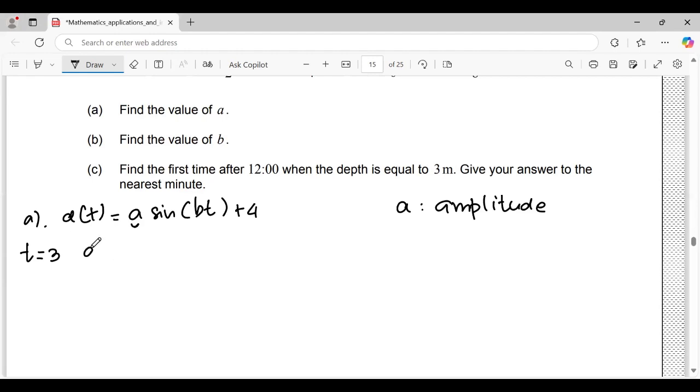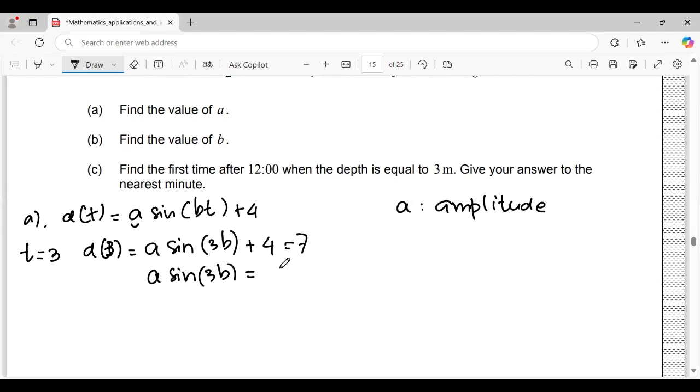So if t equals 3, D(3) is A sin 3B plus 4 equals 7. This is the maximum level of water. So A sin 3B equals 3, because 7 minus 4.